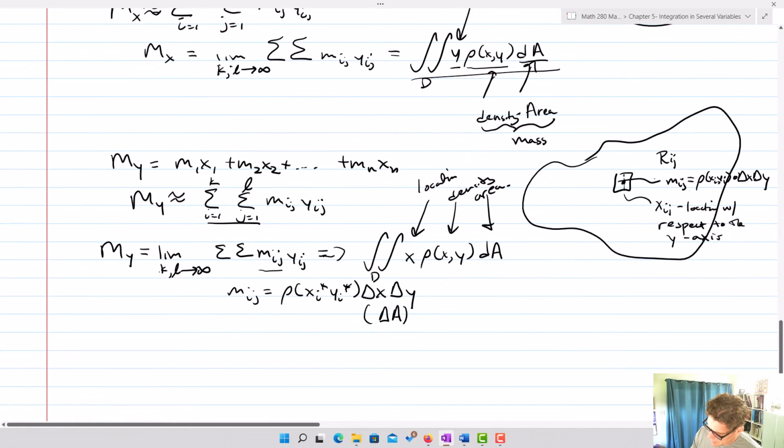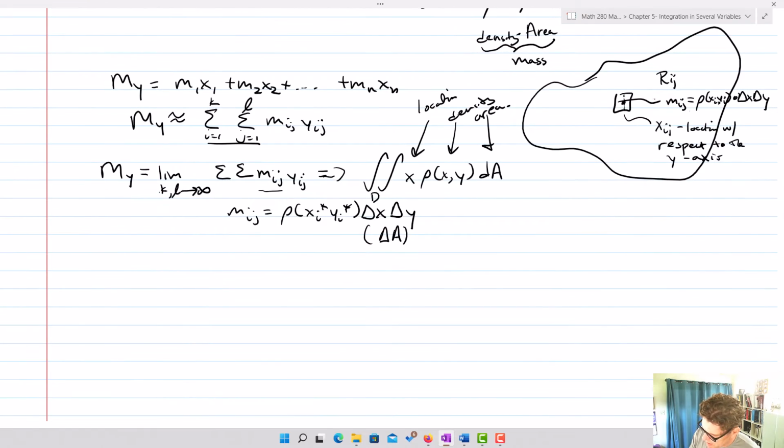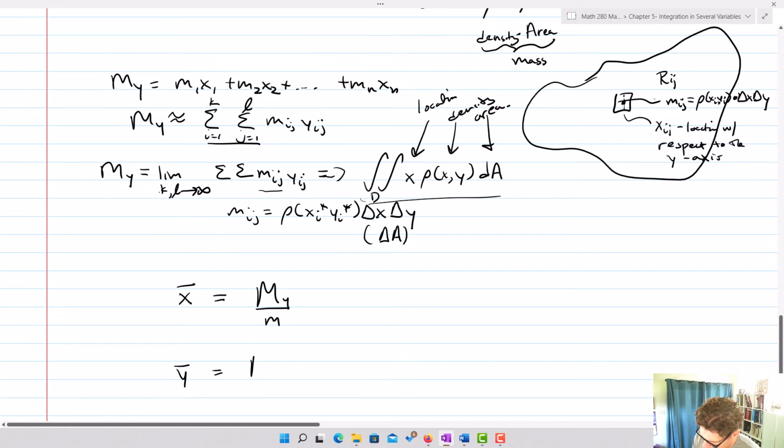Finally, since these are the integrals that we need, then our centers of mass, x bar, is going to equal M_y over the mass, and then y bar is going to equal M_x over the mass.